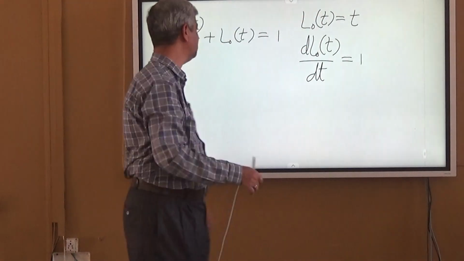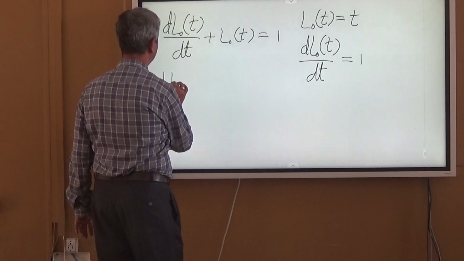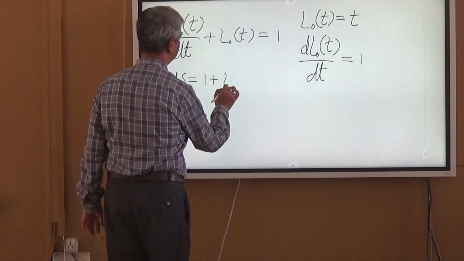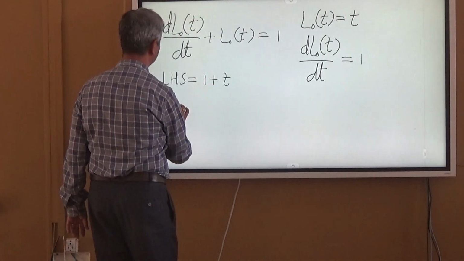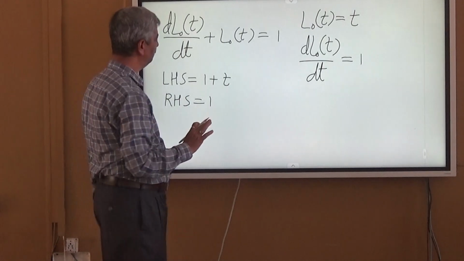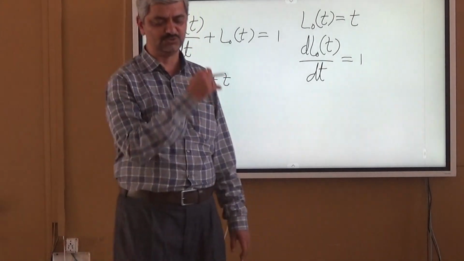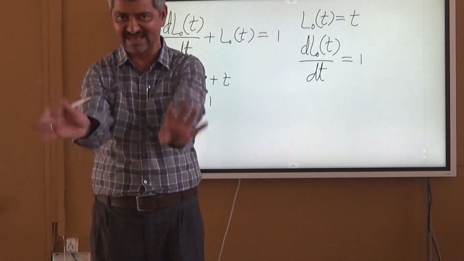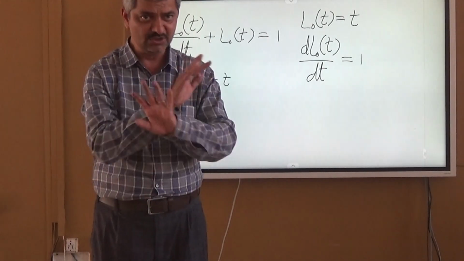So what is the LHS of this equation? LHS is 1 plus t. And what is the RHS? 1. So from 0 onwards you find that the LHS is more, so obviously this is not the answer.